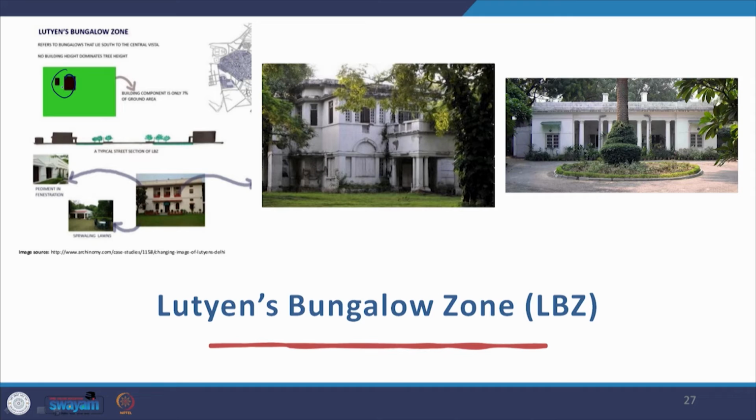If you ever get an opportunity to go into the zone, or you have been there, one thing you will really find evident is how green the belt is. It is really an ideal vision of what a sustainable development should be vis-a-vis greenery and how densely green that region is.